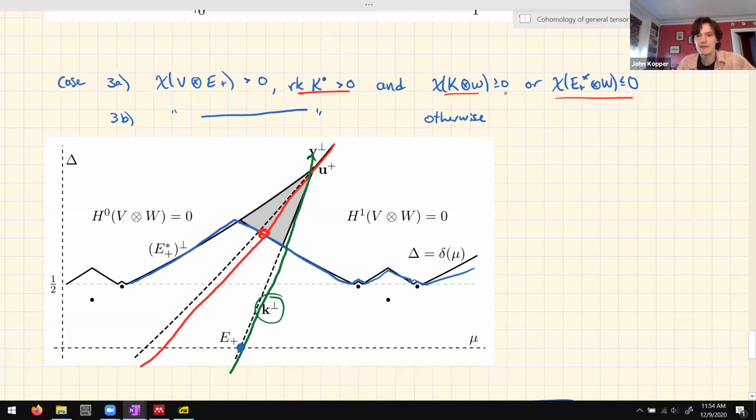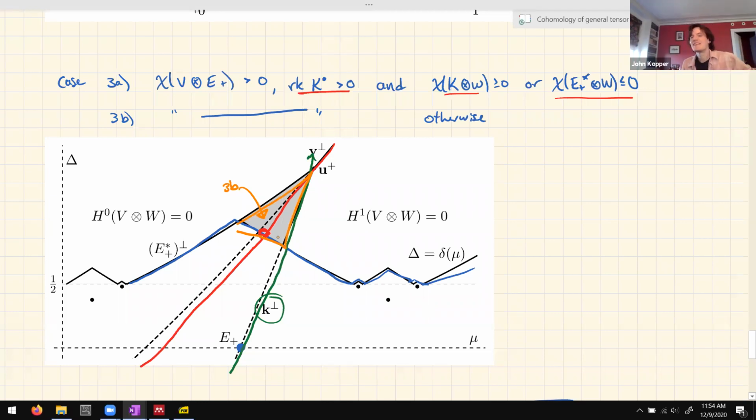What these inequalities are saying is that case 3A corresponds to being outside of this shaded region, and case 3B corresponds to being inside the shaded region. So this shaded region is 3B. Maybe you want to say that the coordinates on this plane are the slope and discriminant of W. Oh, yes.